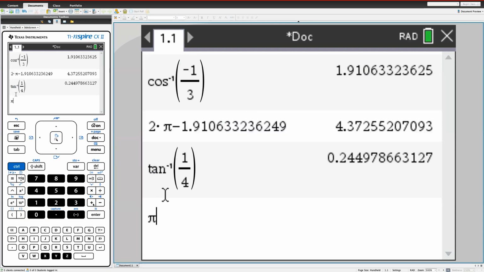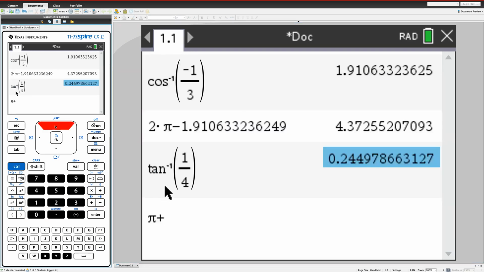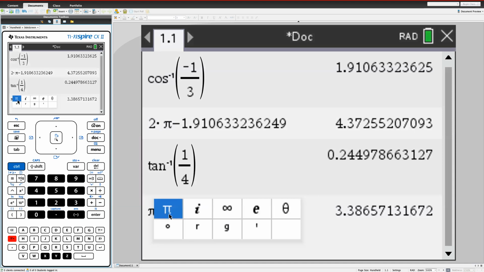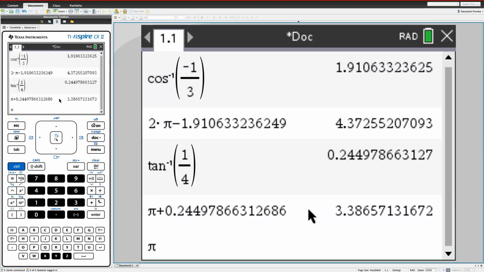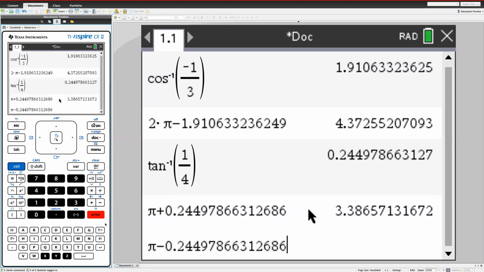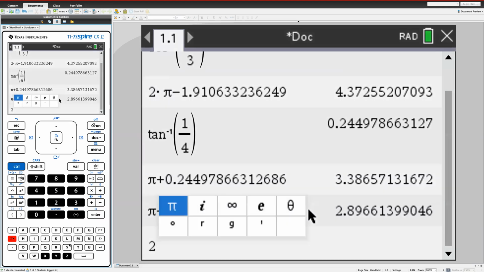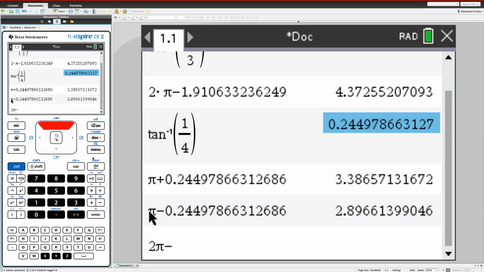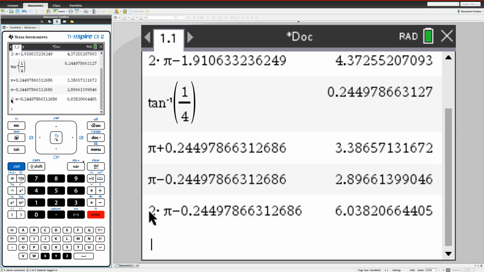So I'm going to hit pi plus this value. And in a second, we may also need pi minus that value. So I'm gonna just go find them all while I'm here, since my calculator is just not cooperating very well. And I also might need 2 pi minus that value. So I'm just gonna get them all, and then we'll interpret what it is we actually need in a moment. So I'll have all my answers together in one slide.